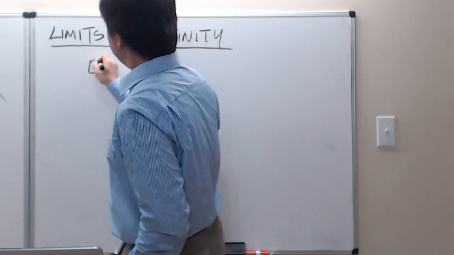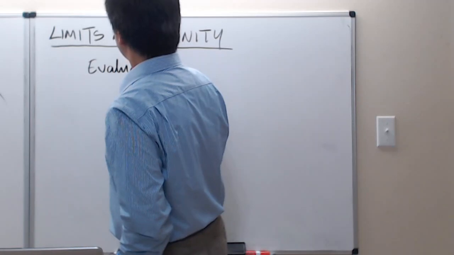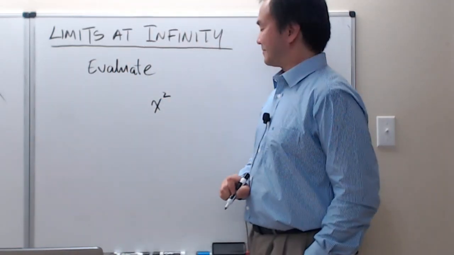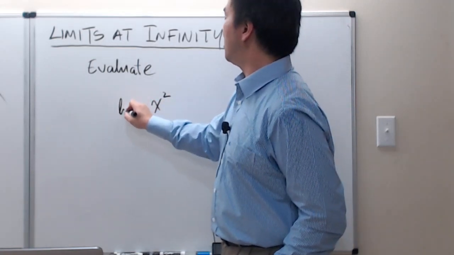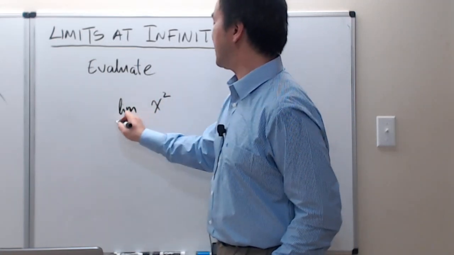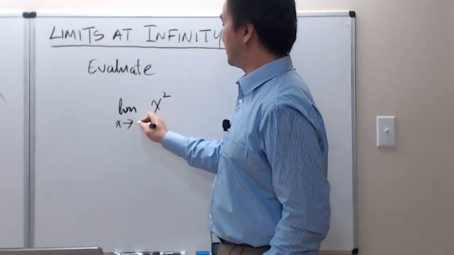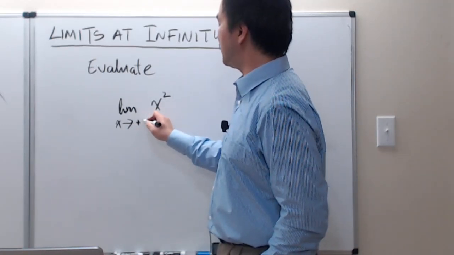Let's evaluate, and our function here is the x squared function. We want to find out what's the limit of this function if we let x get closer and closer to positive infinity.